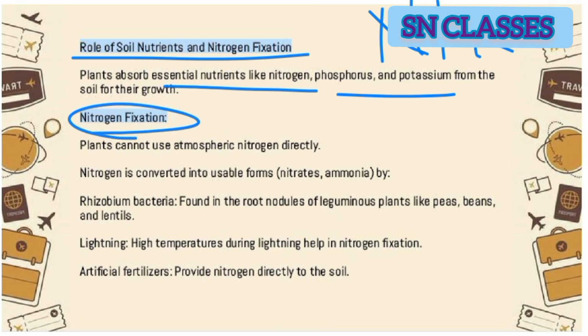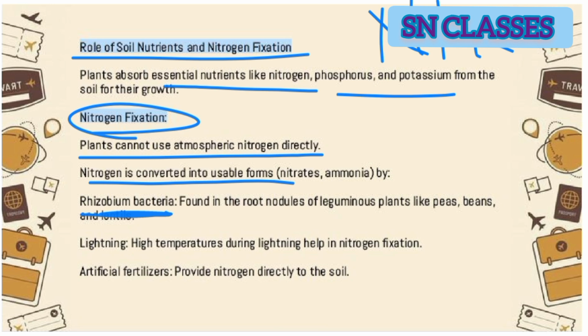Nitrogen fixation means that plants cannot use atmospheric nitrogen directly. So nitrogen has to be converted into a usable form, that is, into nitrates or ammonia. This conversion is helped by the rhizobium bacteria, which convert the nitrogen into nitrates or ammonia.